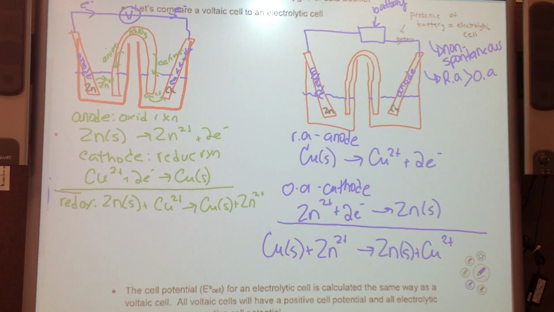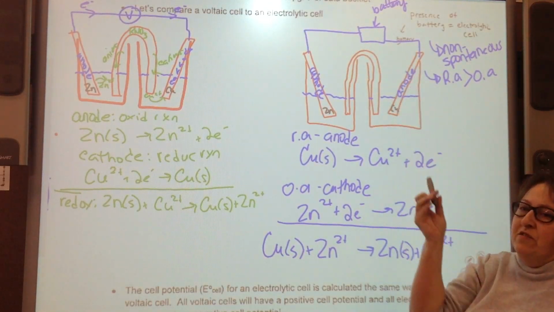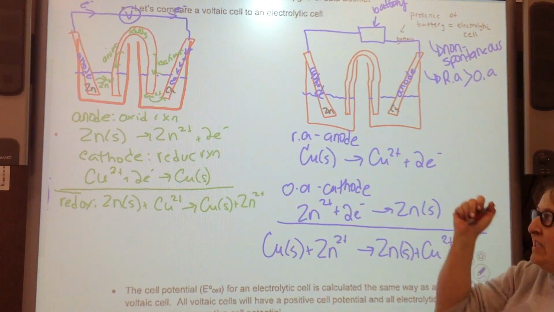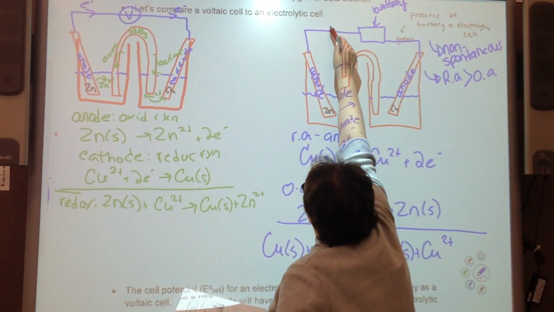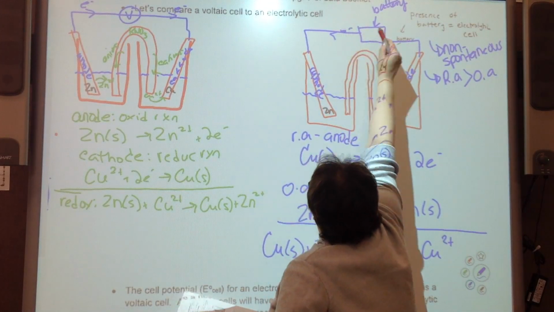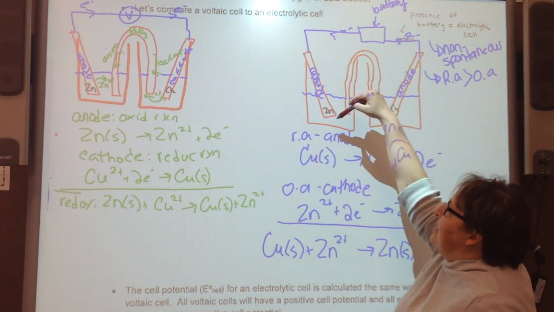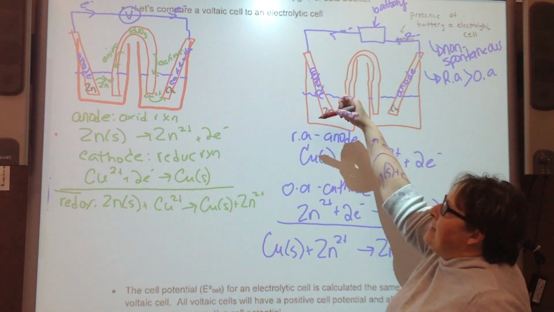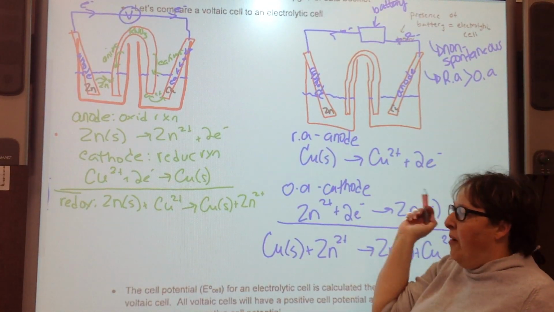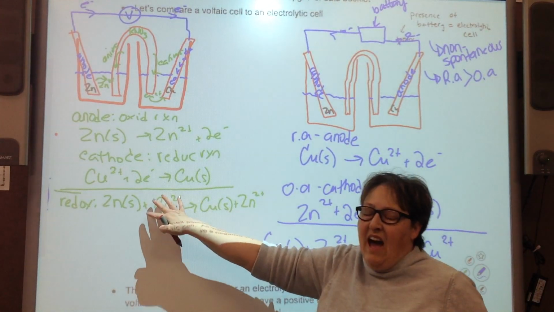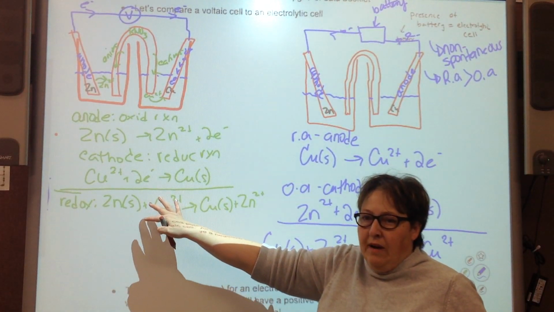So how could you make sure that happens though? Because if you just switch it up like that, wouldn't it just flow normally, like to be spontaneous? We're going to use the battery, we're going to supply energy, and we're going to force it to go this way. Because it wants to go from zinc to copper. This is the happy reaction, right?